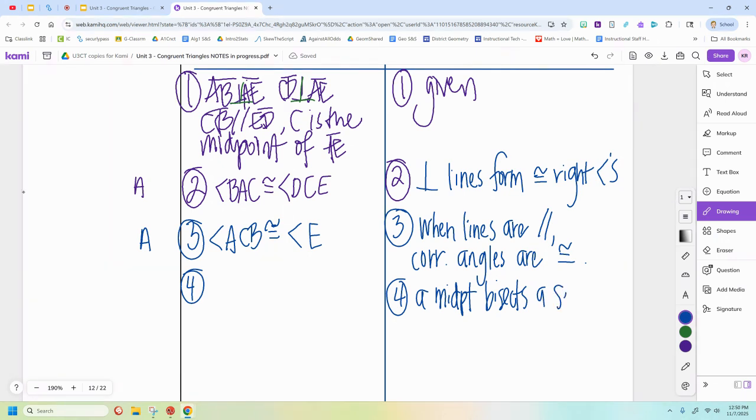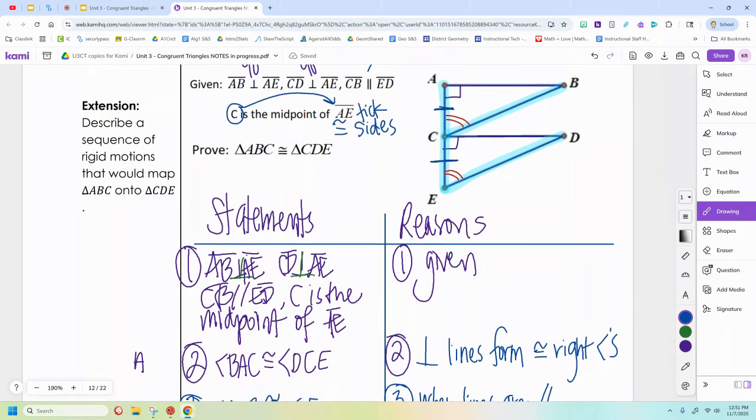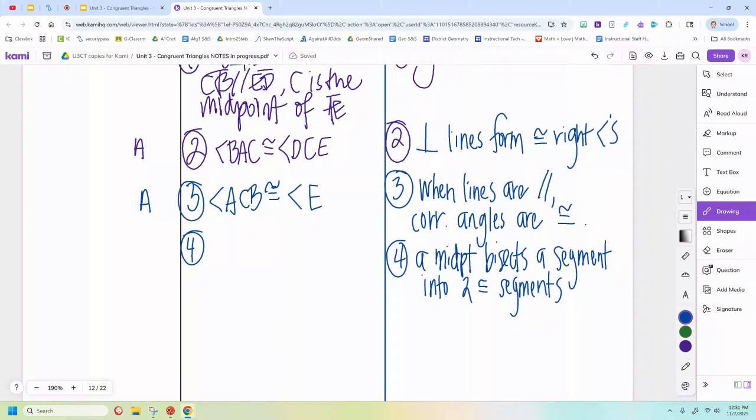Yep, a segment. A midpoint bisects a segment is probably okay. It will say into two congruent segments. I mean, that's what bisects means, but I like that. That's perfect. You can totally use that. And then what were my letters here? A, C, C, E.